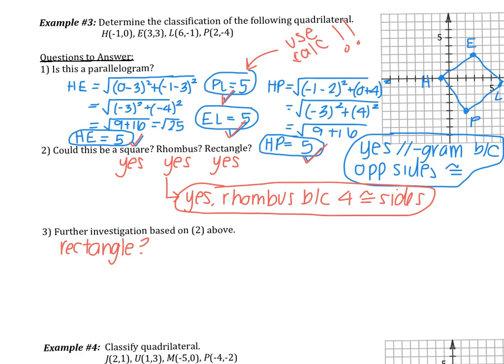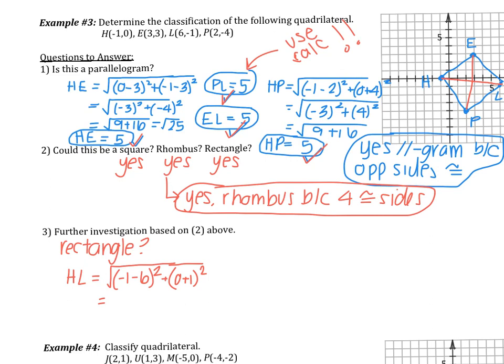So my diagonals are HL and EP. So HL, do the distance formula if you would like. I'll show it one more time. So HL would be -1 minus 6 squared, and 0 plus 1 squared.